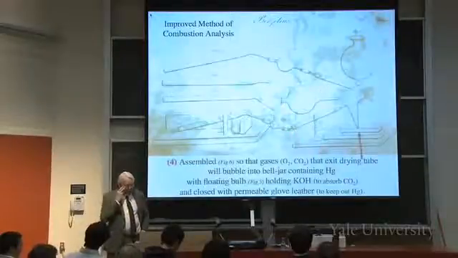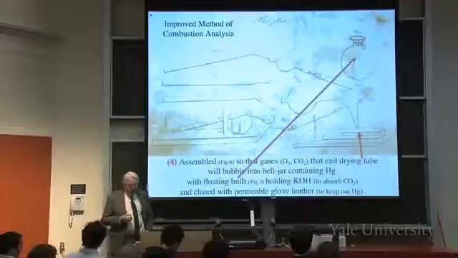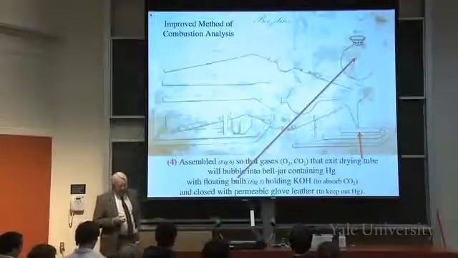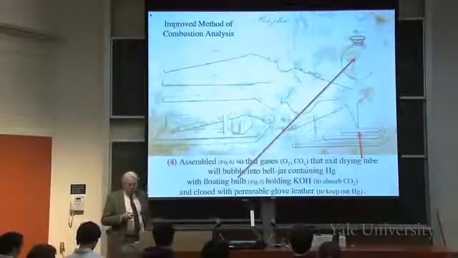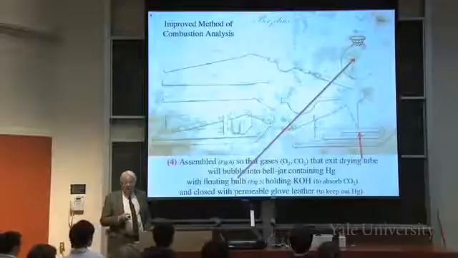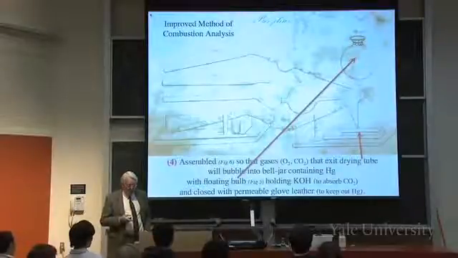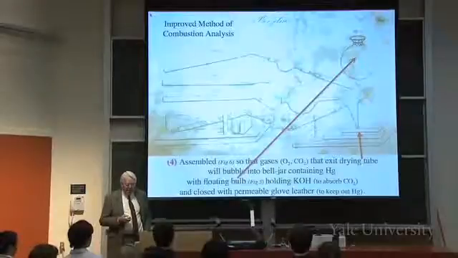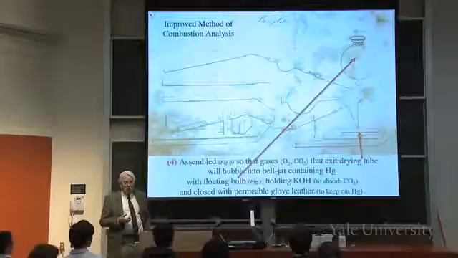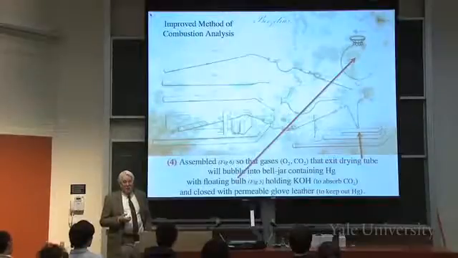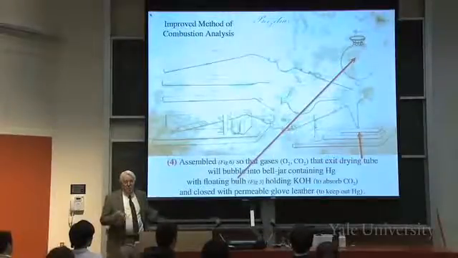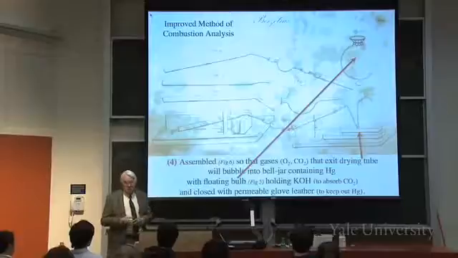Then he assembled this thing along the bottom so that the gases that came out after the water was removed would exit and be collected in this bell jar over mercury. And in that, there was a bulb that floated, which held solid potassium hydroxide, which would absorb the CO2, thereby separating it from the oxygen that would come through. You get oxygen just by heating sodium chlorate.